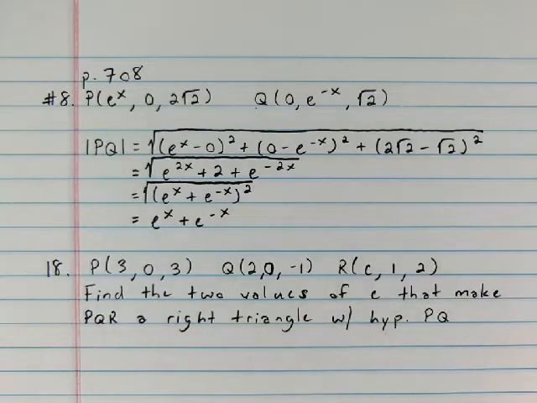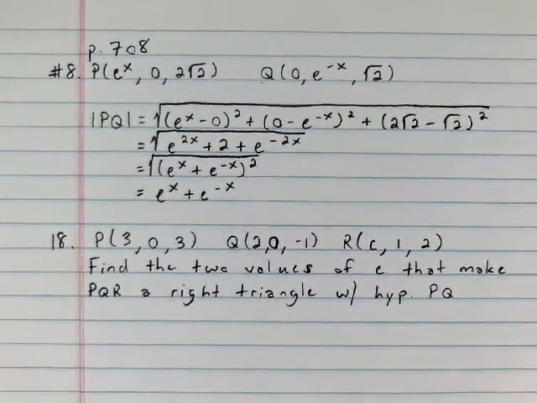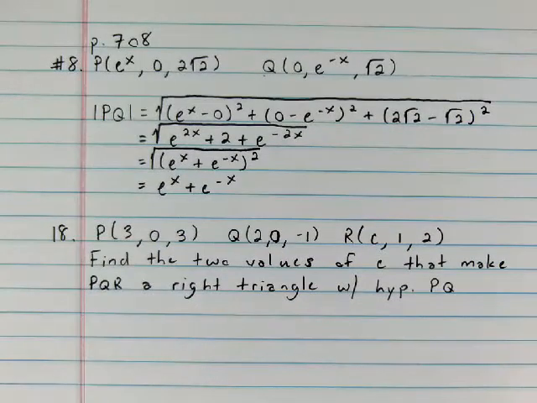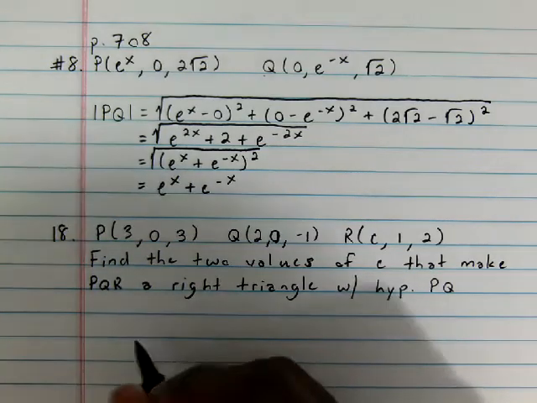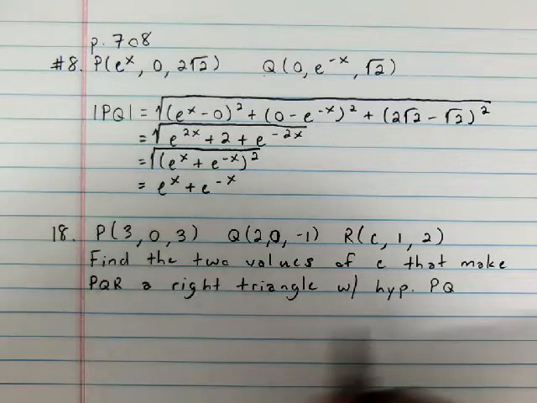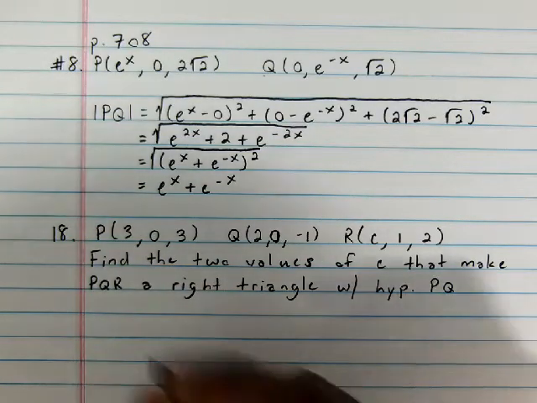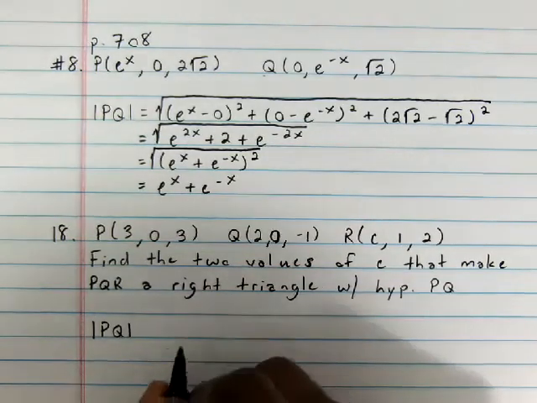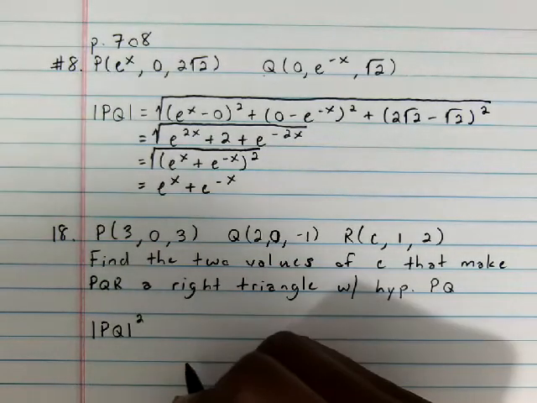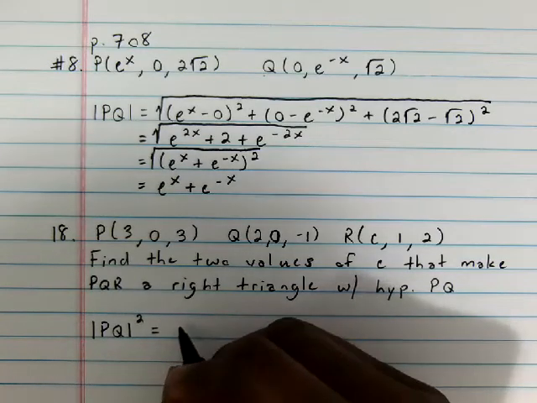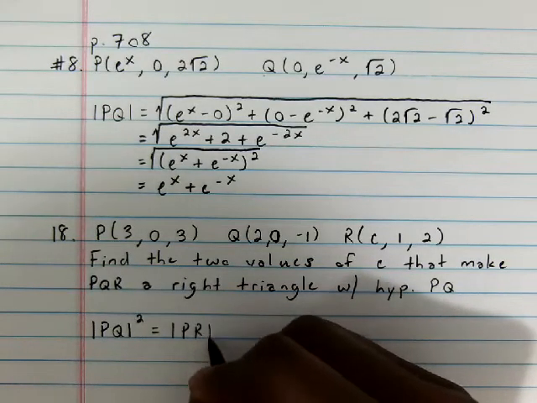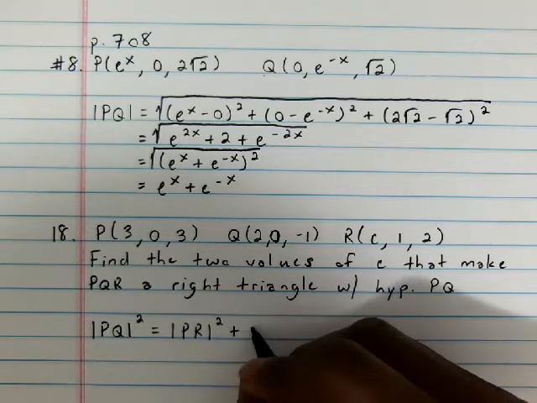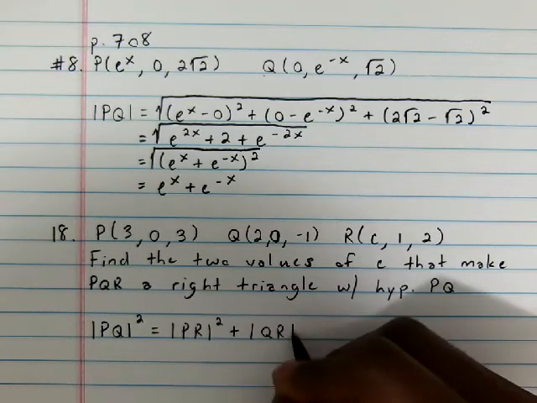All right, so now we go into our toolbox of things that we learned before we got into this class. A right triangle, we oftentimes will think of the Pythagorean theorem immediately when we hear a right triangle, but we know our hypotenuse should be PQ. So now we would want, according to the Pythagorean theorem, the length of PQ squared to be equal to the length of PR squared plus the length of QR squared.